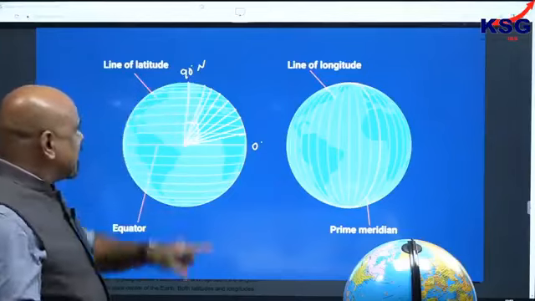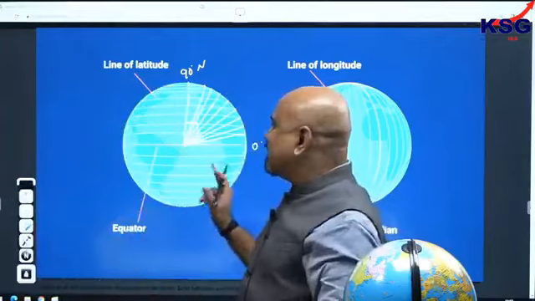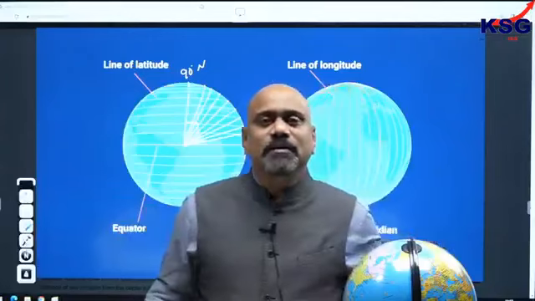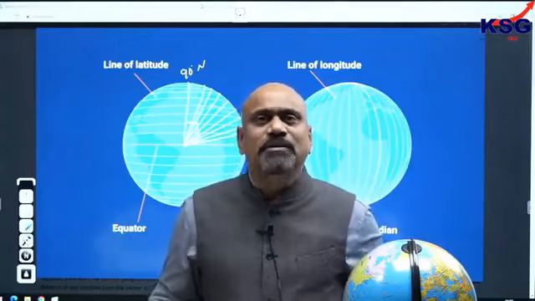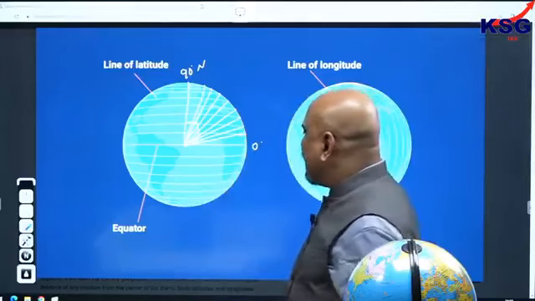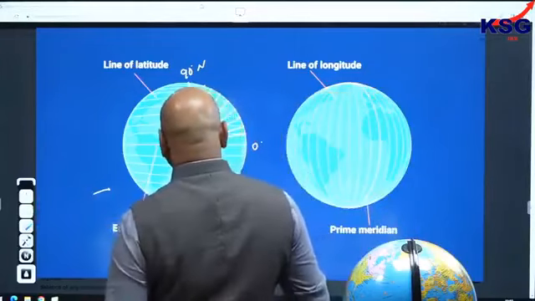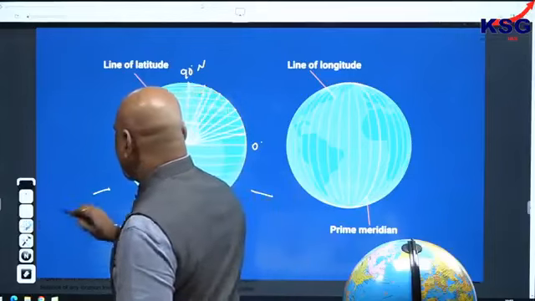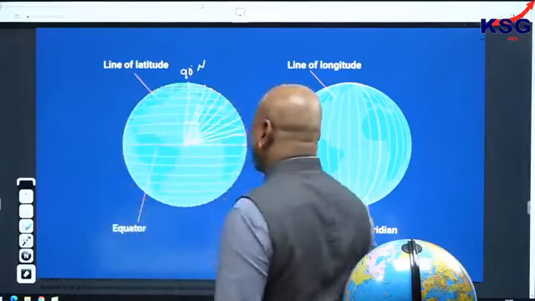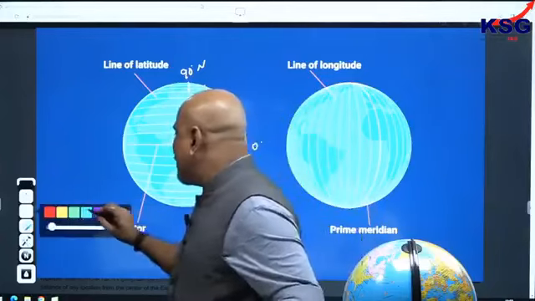These lines are from the common center, that's why latitudes are parallel to each other. All the latitudes are parallel to each other. You know why? Because they are measured at the angular distance from a common center.